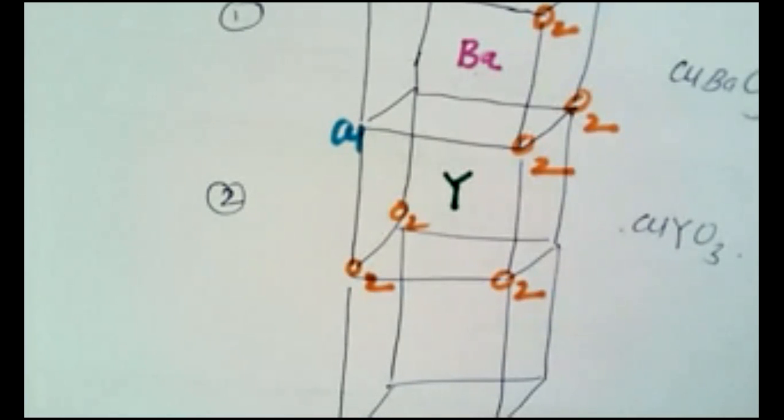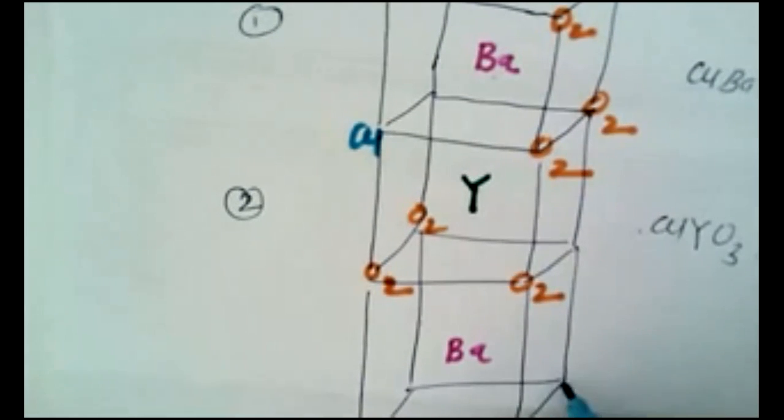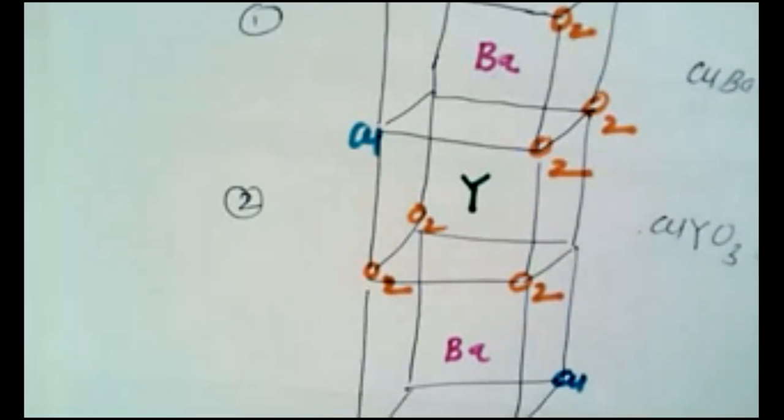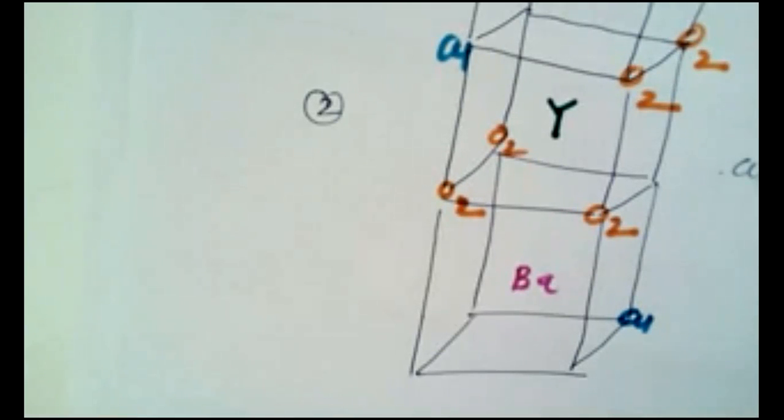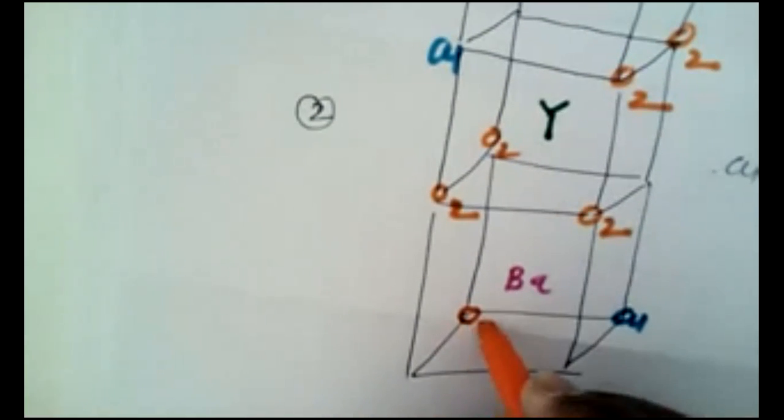time. Now at the center again barium is present, while the copper atom is present at this corner, and the remaining are the oxygen atoms. So this is the first oxygen atom, second oxygen atom, and this is the third oxygen atom.